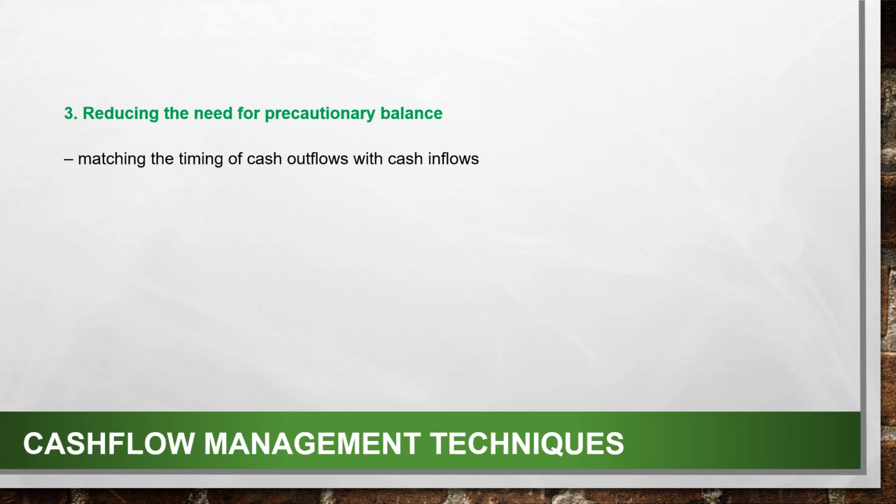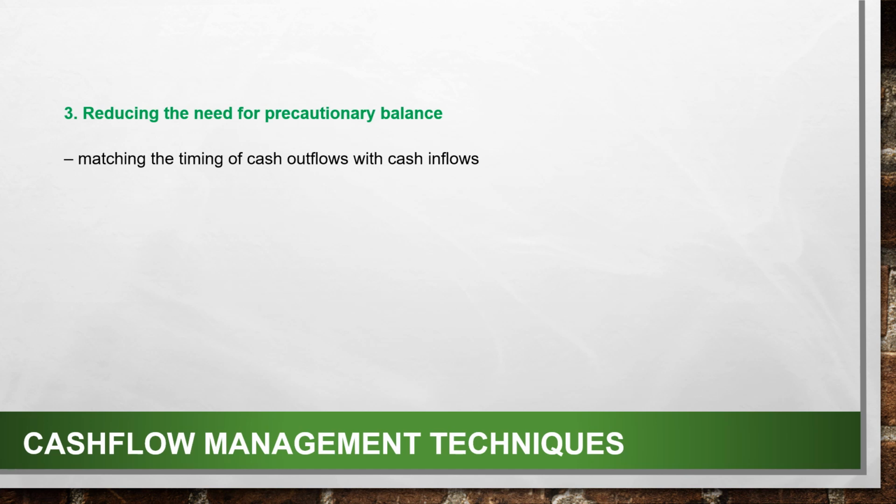It should be properly matched so that you can collect the cash from customers before you pay your supplier. So that is the best timing, no? Do not do it the other way, where you wait for the suppliers to come knocking at your door and the customers have not yet paid you, so you really have to have a precautionary balance.